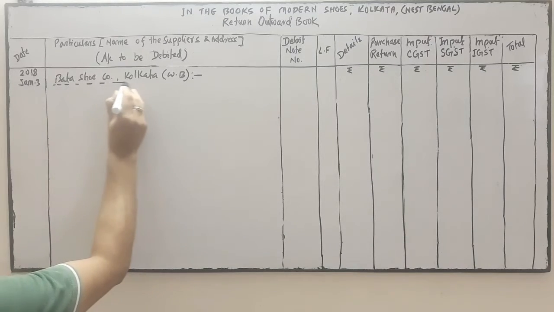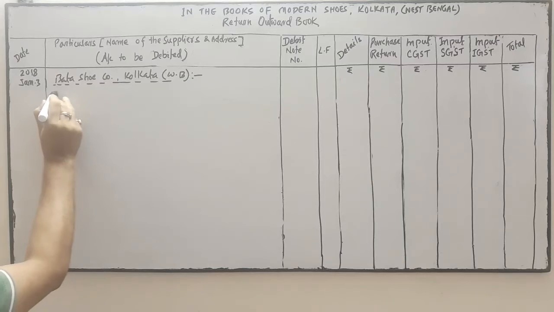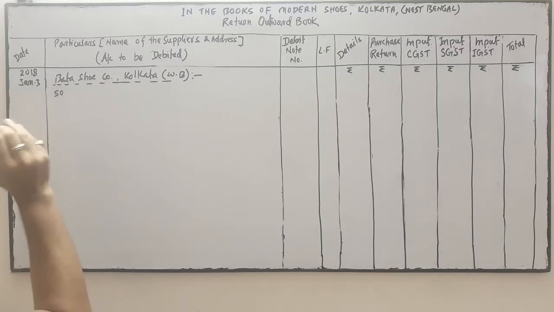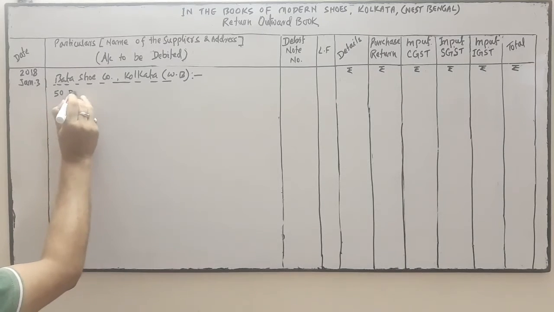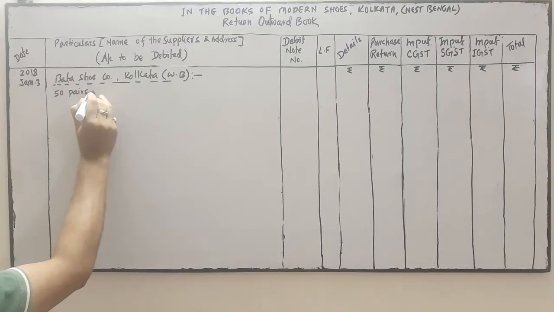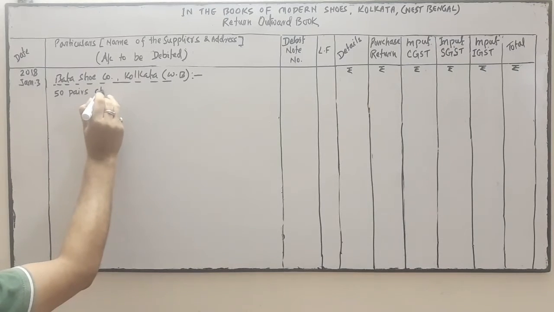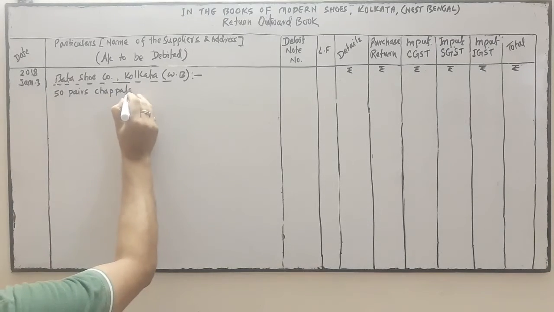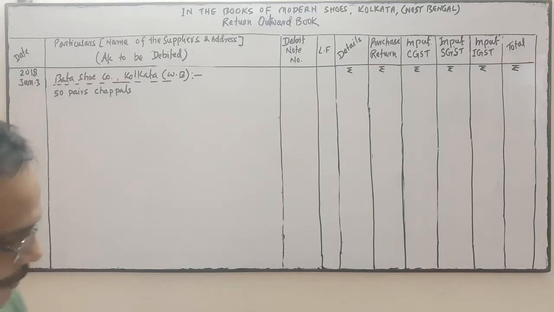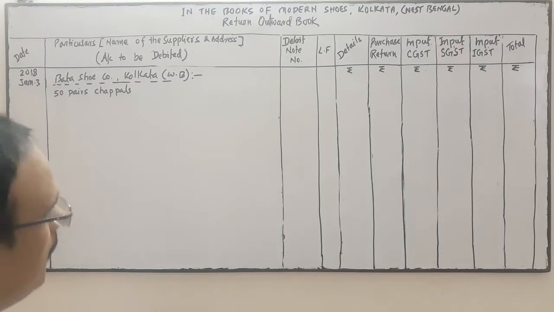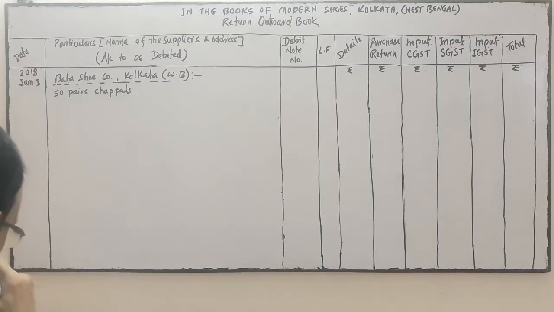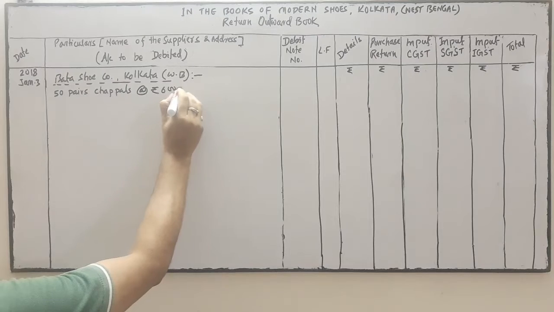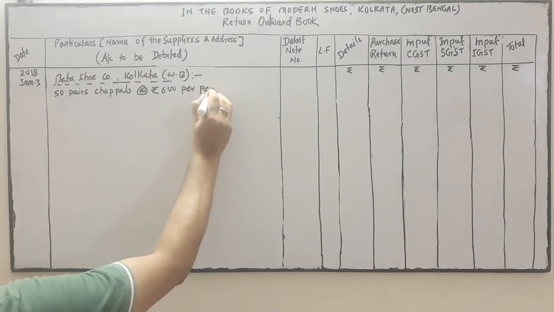What we have returned to them: purchase return, 50 pairs of chappal. The reason for return is mentioned: not up to the approved sample. The rate is rupees 600 per pair.